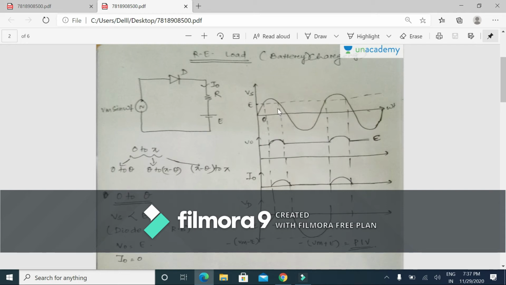Since diode is conducting only from theta to pi minus theta, or we can say from 2 pi plus theta to 3 pi minus theta, the current will flow from this interval to this interval, and this interval to this interval.